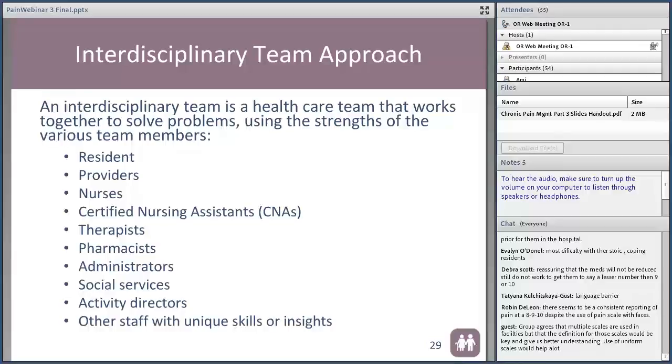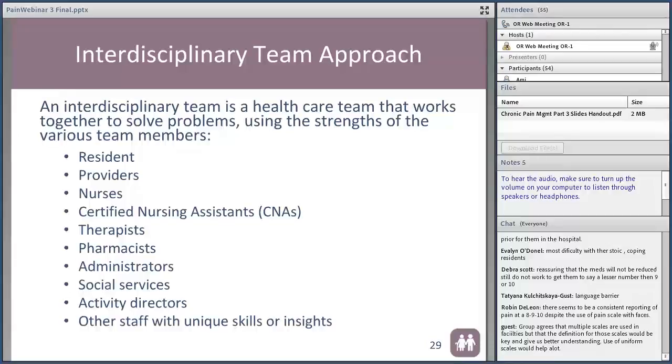Pharmacists, very, very involved. What works best? What's long acting? What's short acting? Recommendations that we can make to their medical providers. Administrators have to be part of the team because they're making sure the whole team is doing what they're supposed to be doing. So they need to definitely adopt the culture.